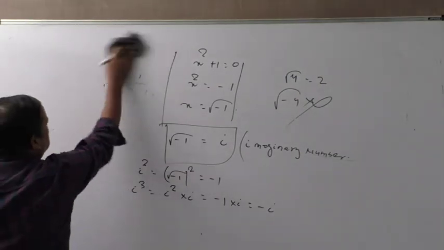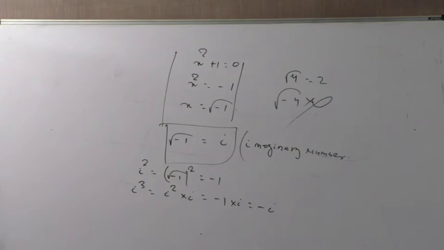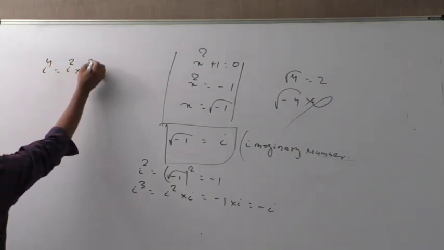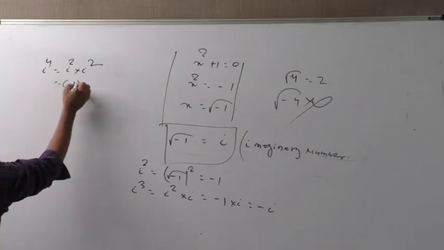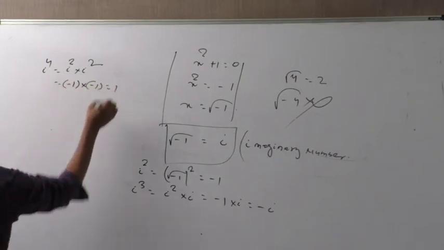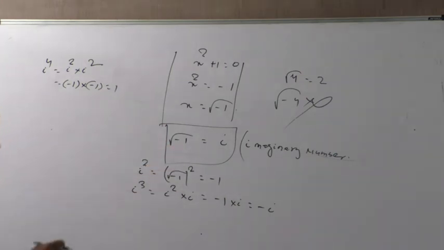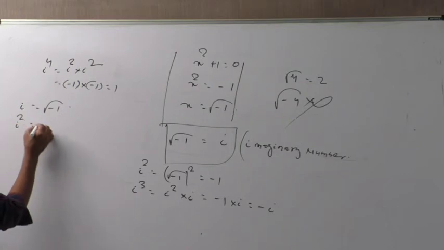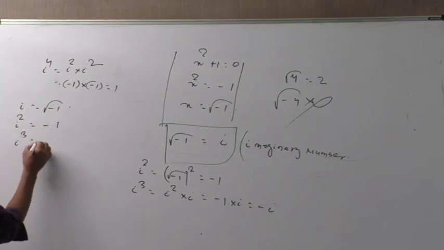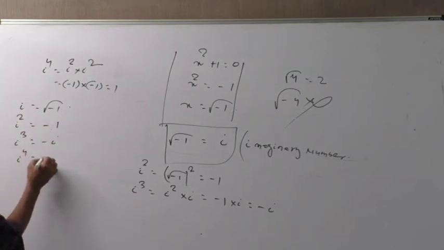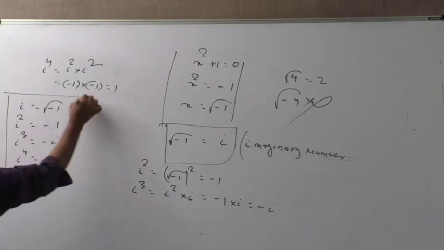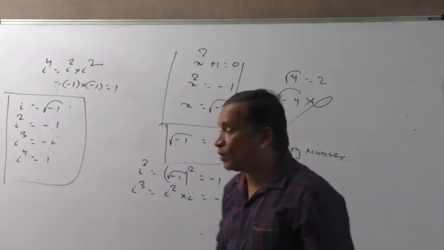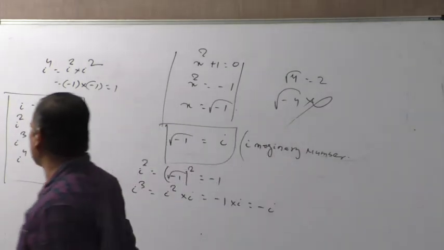If we find i to the power 4, that is i square into i square, which is minus 1 into minus 1, that is 1. So what do we learn? i is the square root of minus 1, i square is minus 1, i cube is minus i, i to the power 4 is 1. To get 1, we have to wait for the fourth power of i.